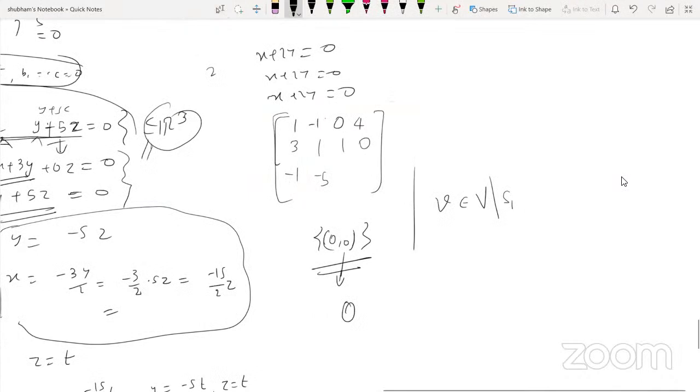It means that you are taking a vector from the vector space which is not in s1. You are subtracting s1 from V, right? This is the main point. Okay, sir.